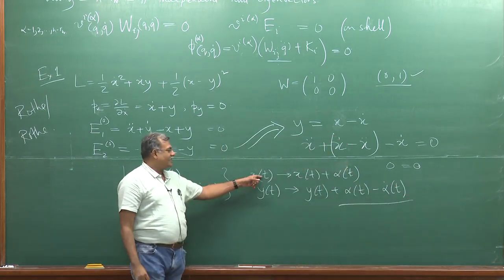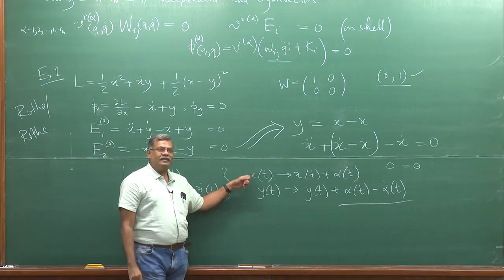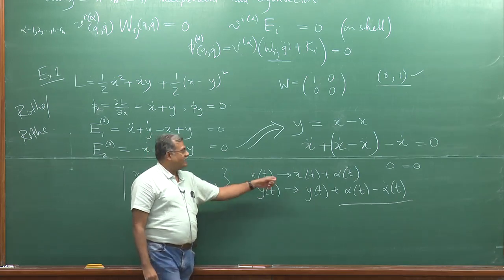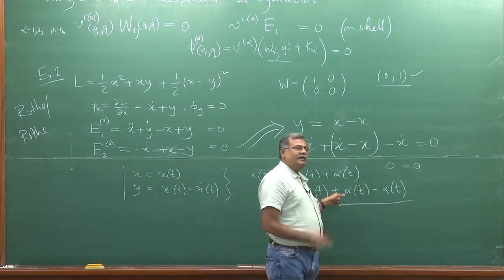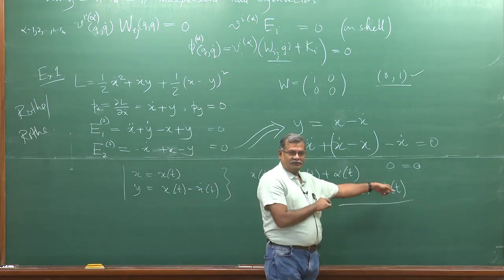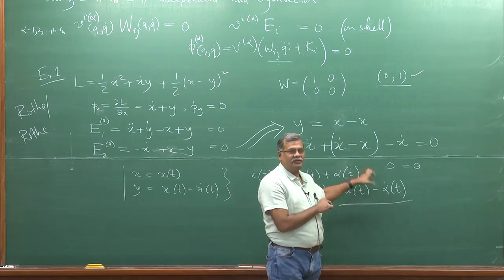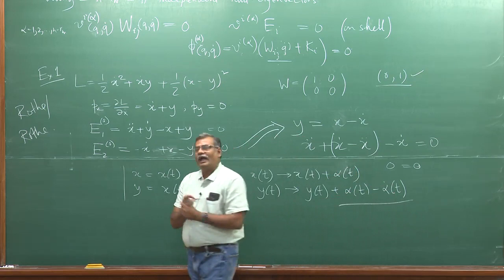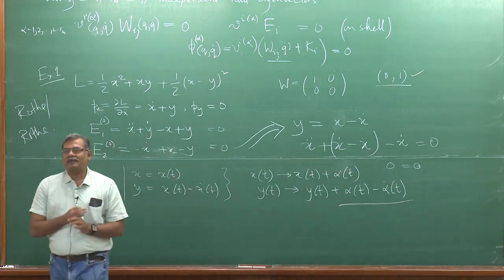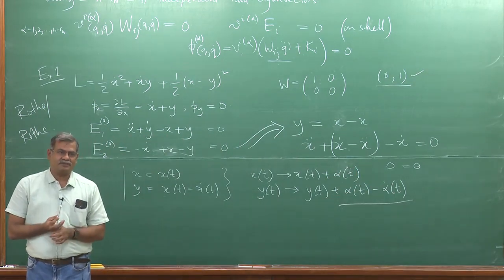So if these x and y extremize my action, I change x by an arbitrary function of time, change y by a connected function of time. Not the same one, but something which the moment you have alpha of t, you know this one as well, right? And you still have another set of x and y which extremizes the action.